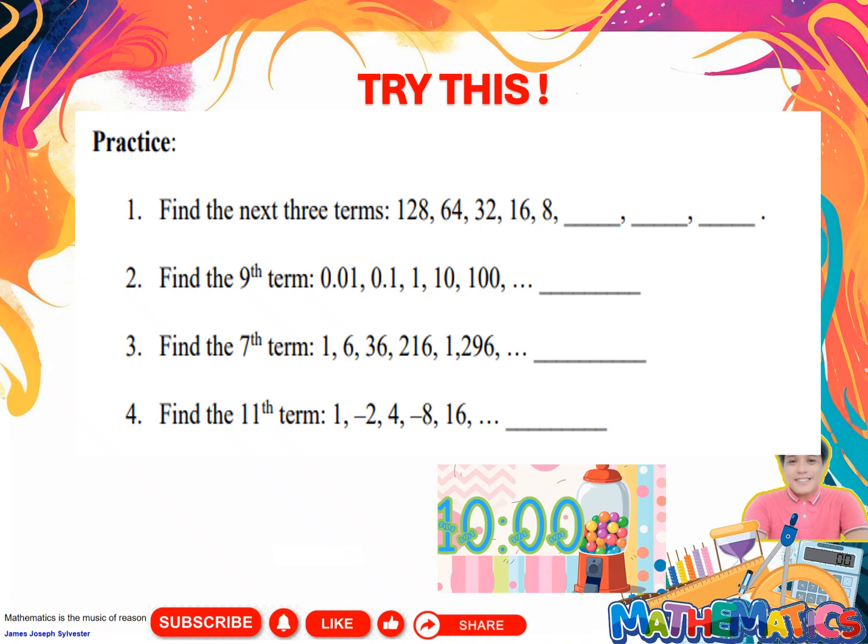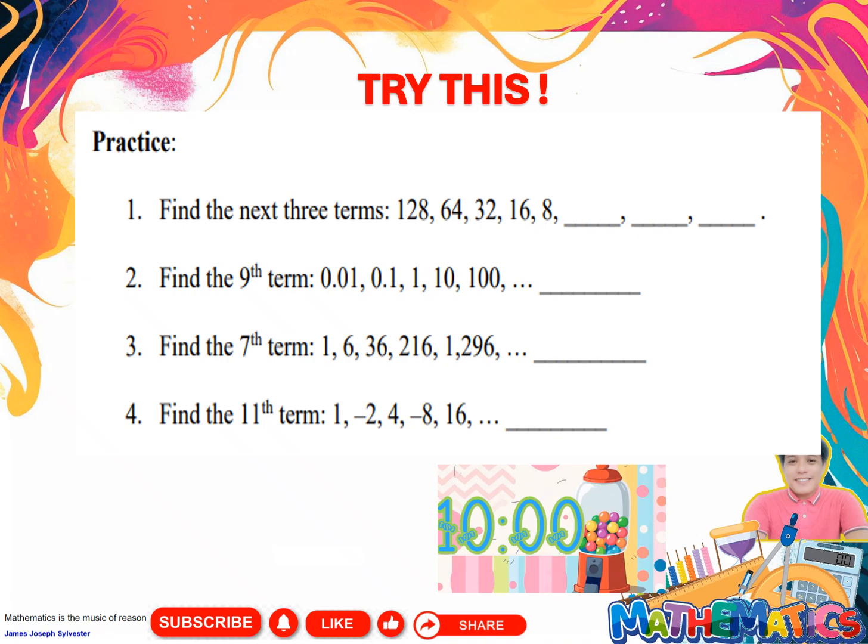Number 3, find the seventh term of 1, 6, 36, 216, 1,296, and so on and so forth. And number 4, find the 11th term of 1, negative 2, positive 4, negative 8, positive 16, and so on and so forth. You may use the formula a sub n is equal to a sub 1 times r raised to the n minus 1.